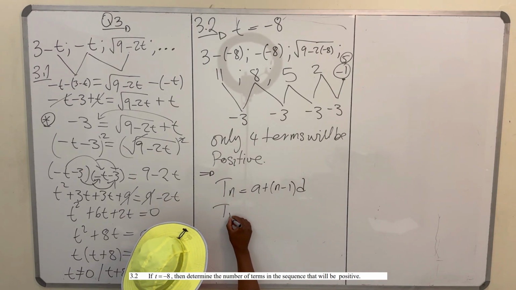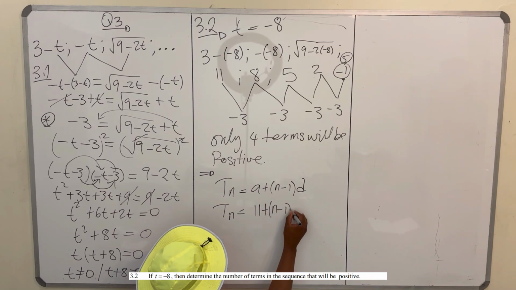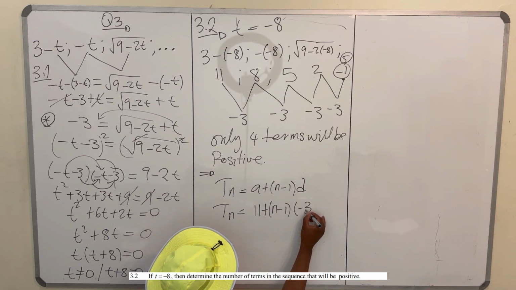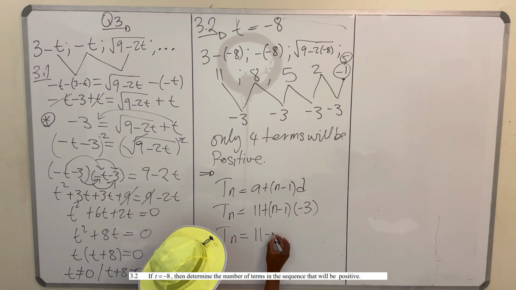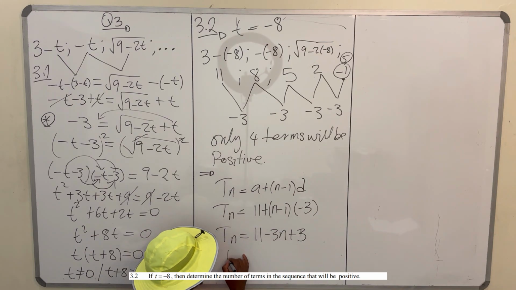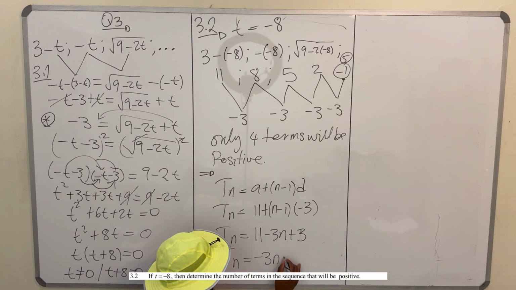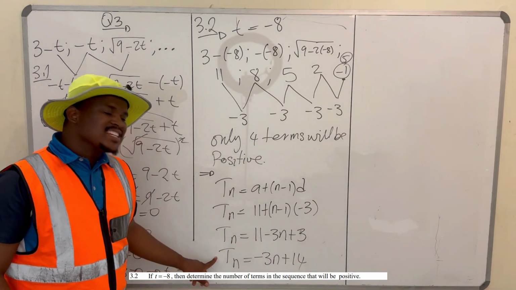What is your a? 11, plus n minus 1 times d. So Tn is equal to 11 minus 3n plus 3, which is Tn equal to minus 3n plus 14. So this is the general term.